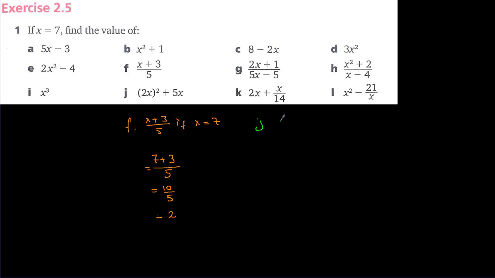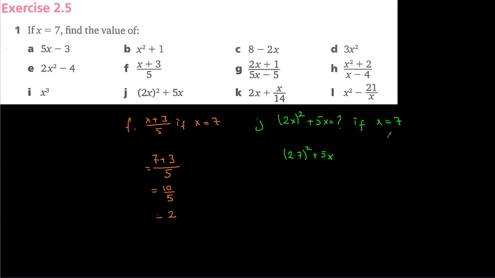Okay, I want to solve J1 also here. For the J1, 2x parenthesis square plus 5x is equal to what? If x is equal to 7. So I'm going to replace the values by 7. 2 times 7 square plus 5 times x.